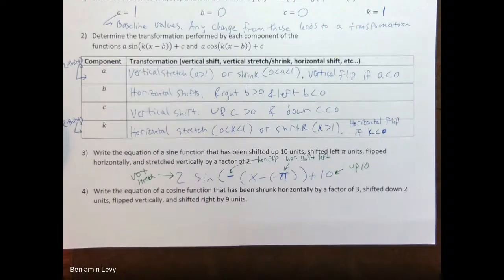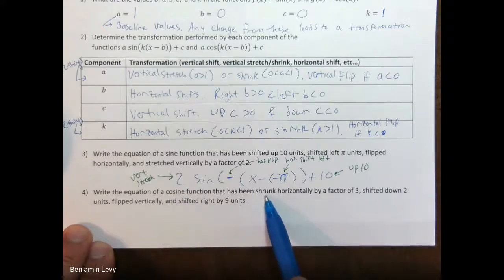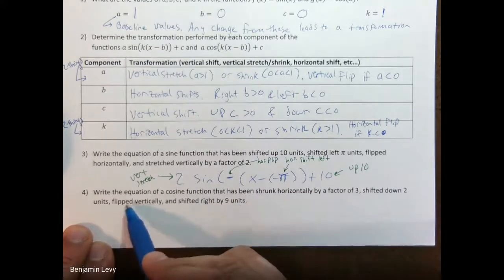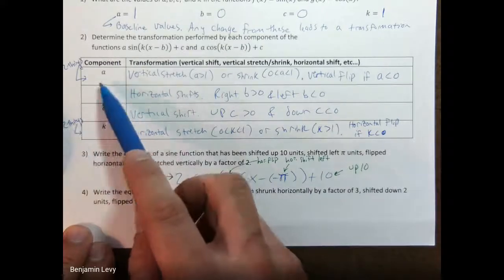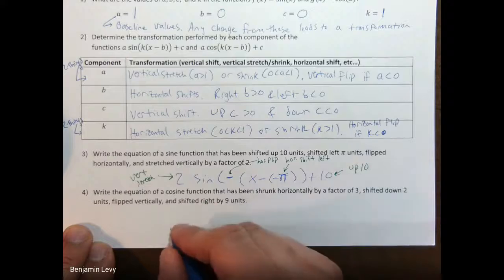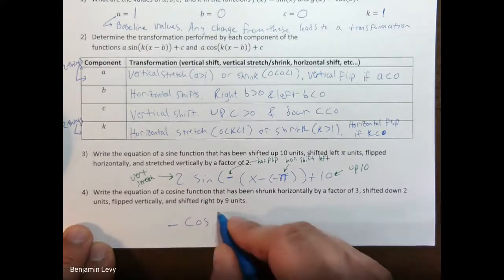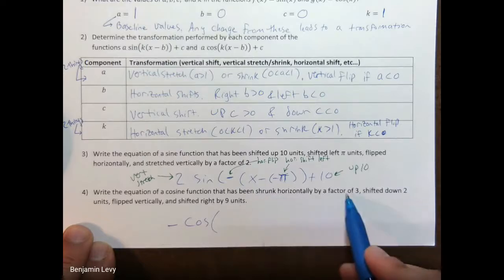And then let's think about the second one. Now we're going to do an equation of cosine that's been shrunk horizontally by a factor of 3, down 2, flipped vertically, and shifted right by 9. Let's start with flipped vertically, because that's a, and that means we want to multiply by a negative. So let's do negative cosine for the vertical flip. Then we want to shrink horizontally by 3.